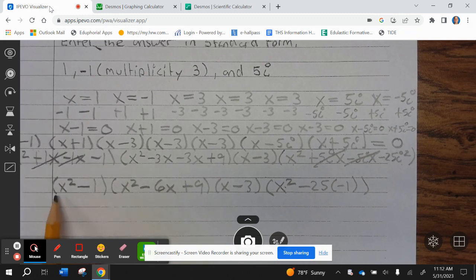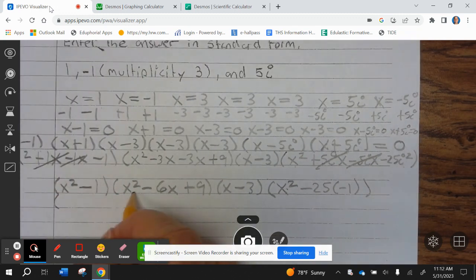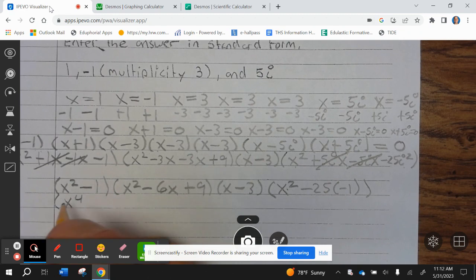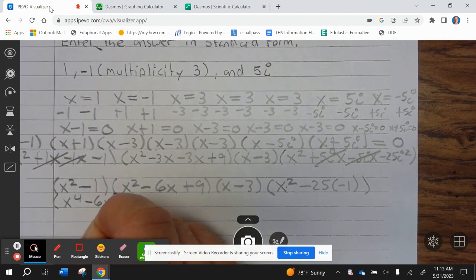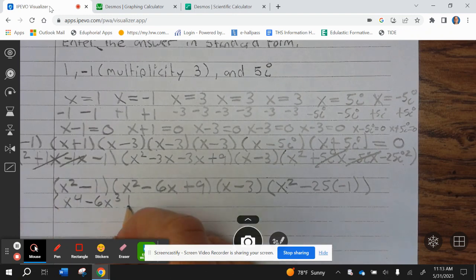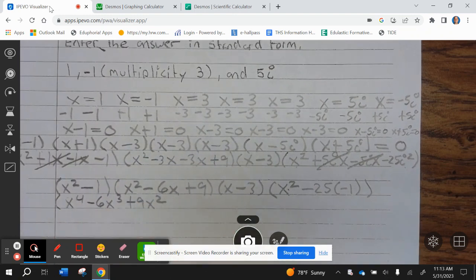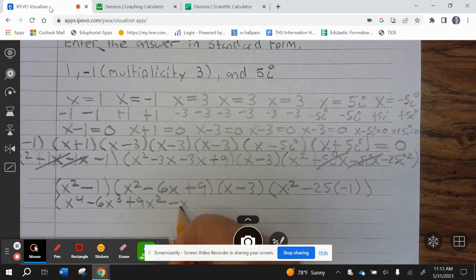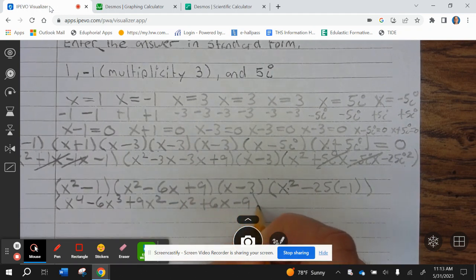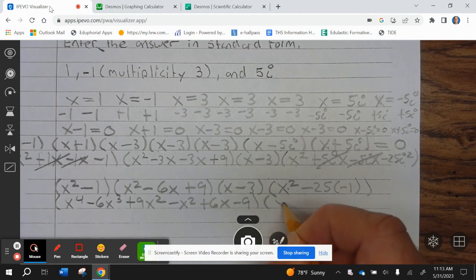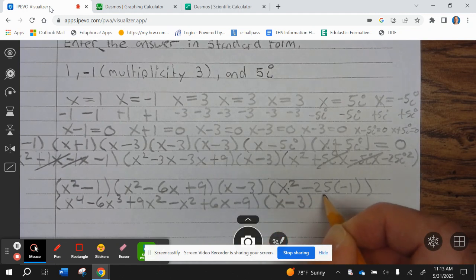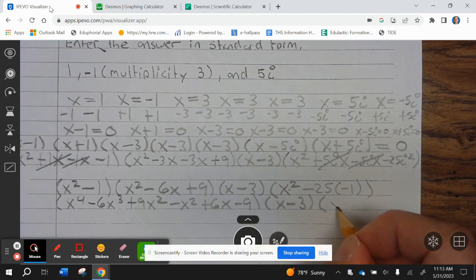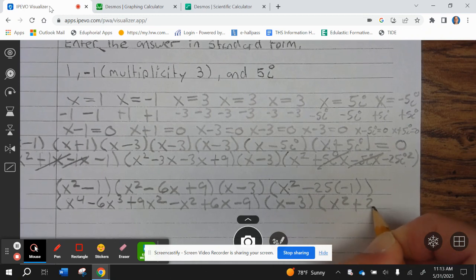So then let's FOIL this. So then that's x squared times x squared is x to the 4th. And then that's minus 6x cubed plus 9x squared minus x squared plus 6x minus 9 times x minus 3 times, that becomes x squared plus 25.